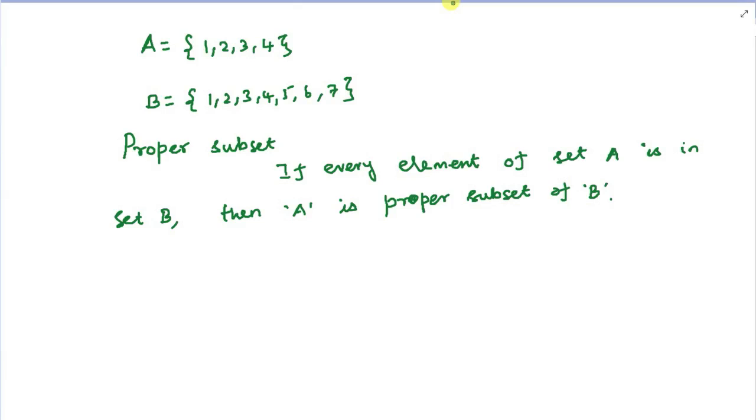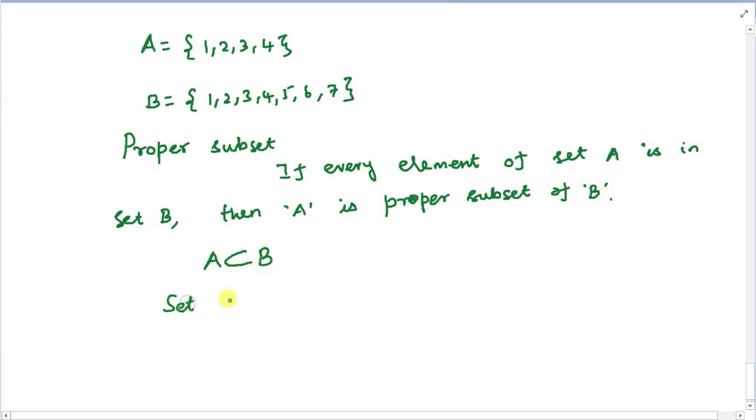All the elements of B are not the elements of A. Only few elements of B are in set A. But all the elements of set A are found in set B. This is mathematically represented as A is proper subset of B, and this B is called superset of A. Set B is called superset of A.